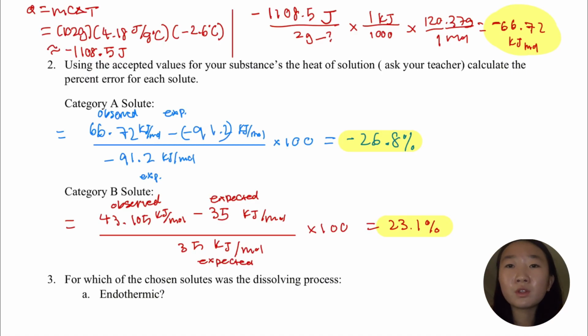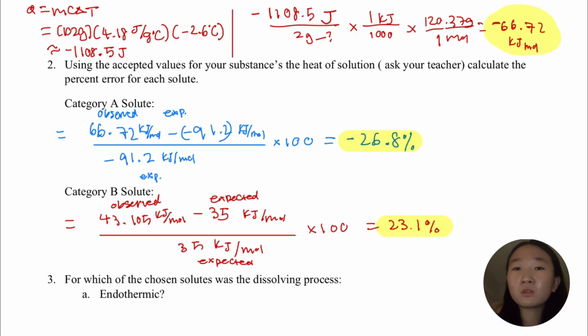So for the first solute, we got negative 66.72 kilojoules per mole, subtracted from the accepted value of negative 91.2 kilojoules per mole, and then we divided this by negative 91.2 kilojoules per mole times 100 and got the percent error of negative 26.8%.